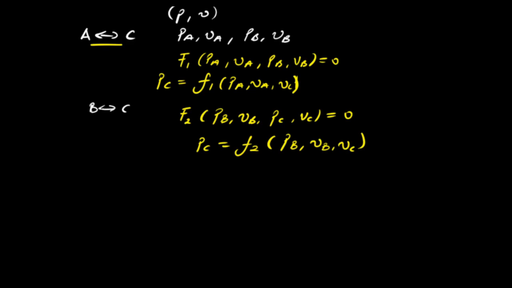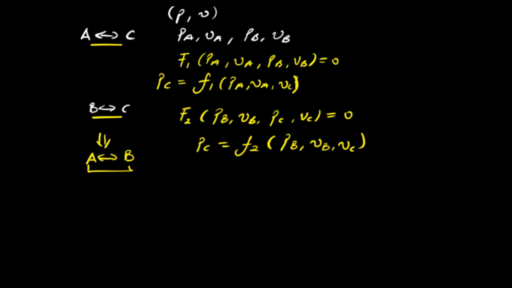if A and C are in thermal equilibrium and B and C are in thermal equilibrium, that implies that A and B are in thermal equilibrium. First let's see what we mean by A and B being in thermal equilibrium.